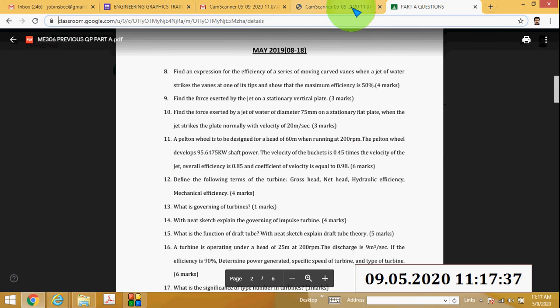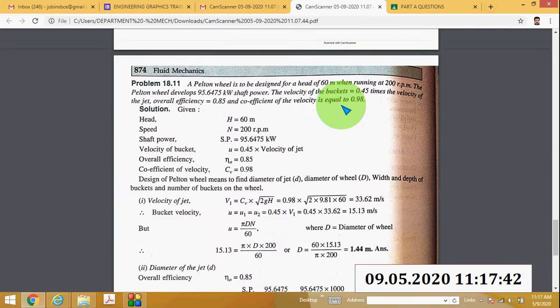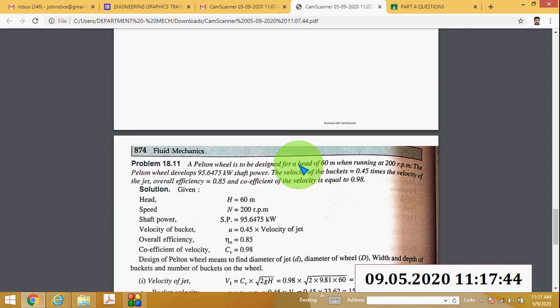This is actually a direct problem from R.K. Bansal textbook. You can see the problem number 18.11.